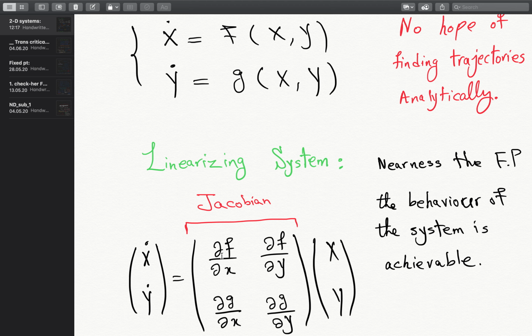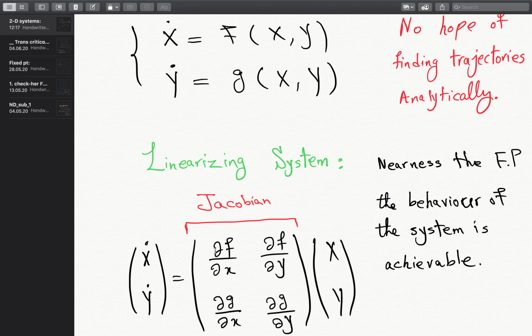Here you have two variables, x and y, but you have two functions, f and g. In general, as a combination, you have f, g, y, and x.